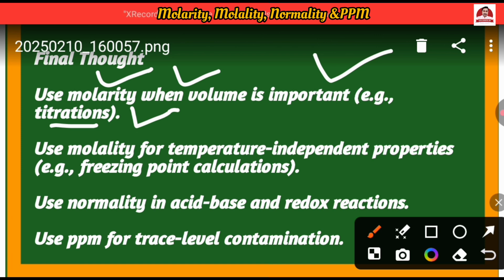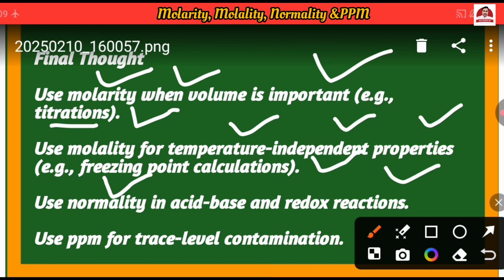We use molality for temperature independent properties, that is, freezing point calculations. And we use normality in acid-base and redox reactions. And similarly we use ppm for trace level contaminations of the solution.